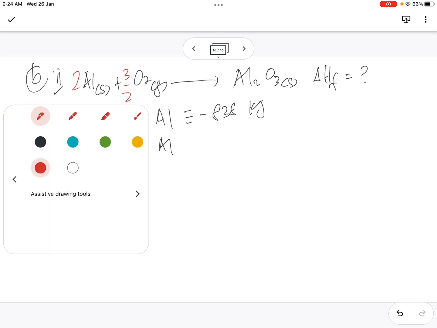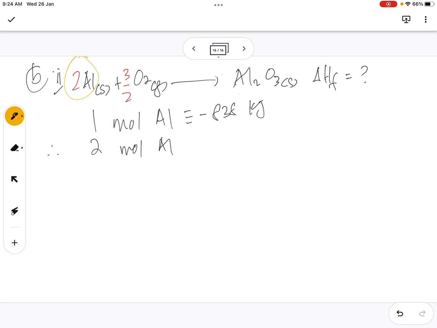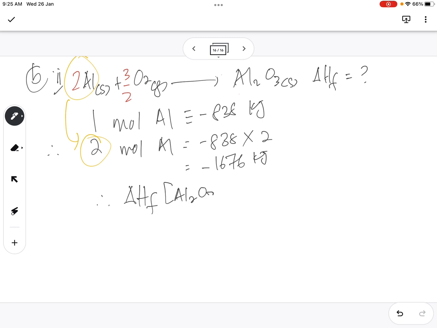Because our stoichiometry is 2 moles. So for 2 moles of aluminium, minus 838 times 2 gives minus 1676 kilojoules.